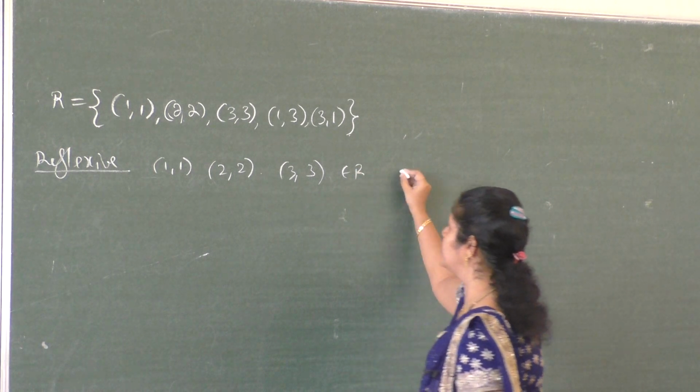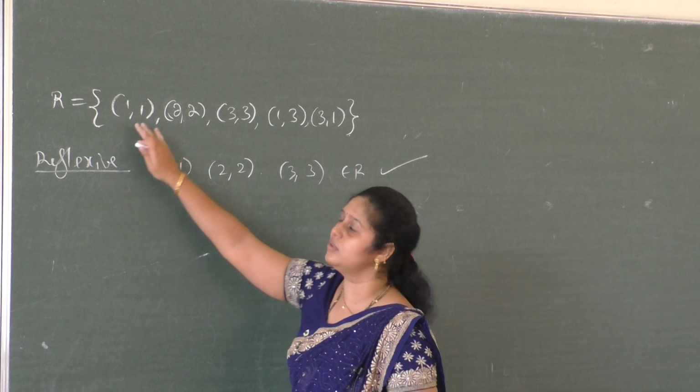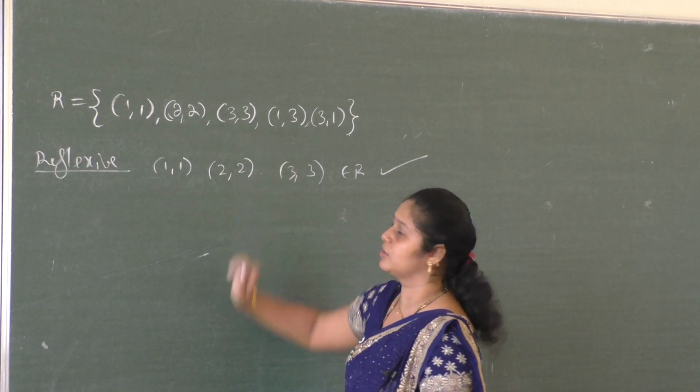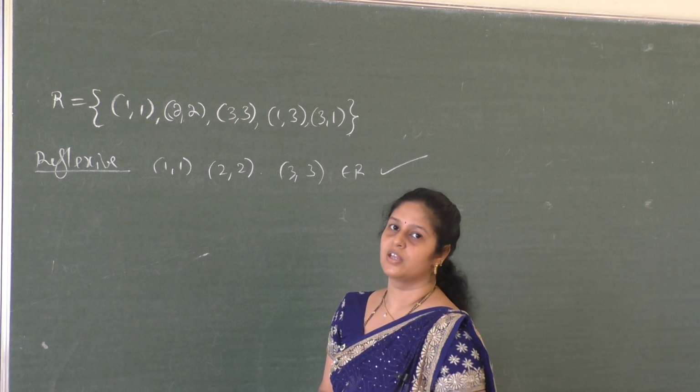That means this relation is a reflexive relation. So you can see ordered pairs (1, 1), (2, 2), (3, 3). That relation is a reflexive relation.